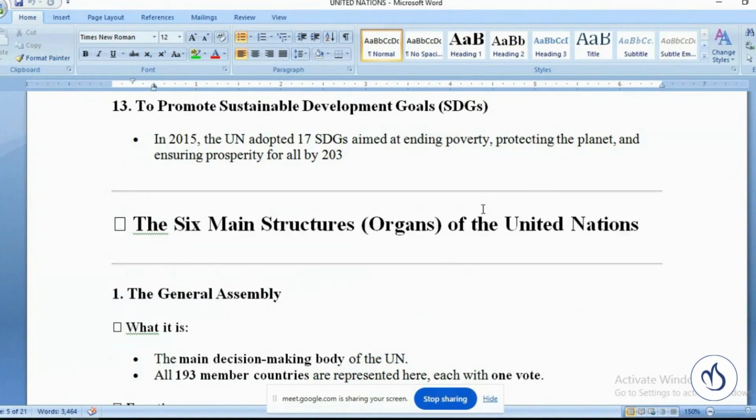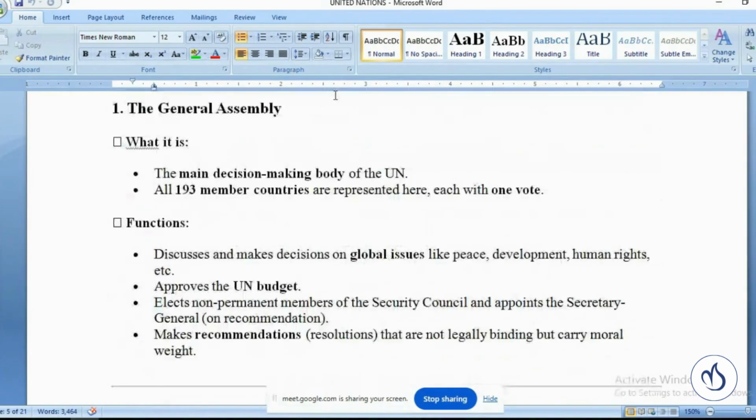The president said that this time we are fighting poverty. The UN will assist in fighting that, protecting and maintaining the lives of people here in Uganda. So the UN promotes sustainable development goals.